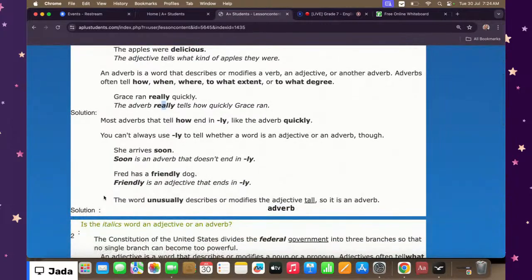So you come down here. The word unusually describes or modifies the adjective tall. So it is an adverb. So take note that it's not because you're seeing the ly that you just conclude that, oh, this is an adverb. No. You have to make sure that the sentence deep down is correct.